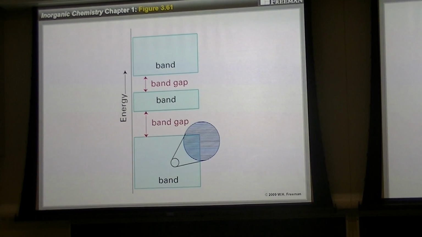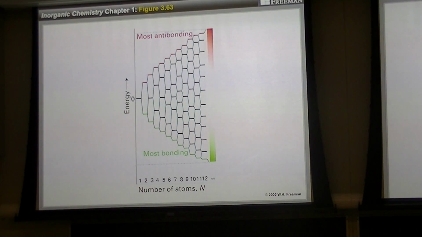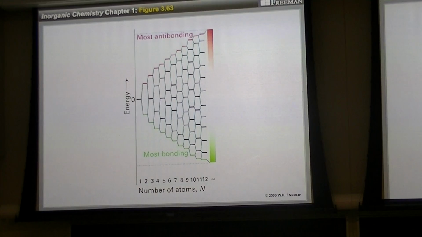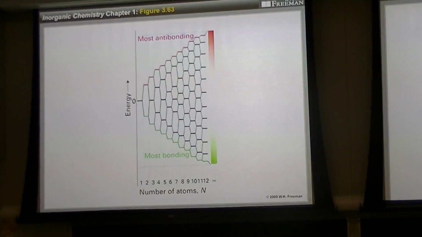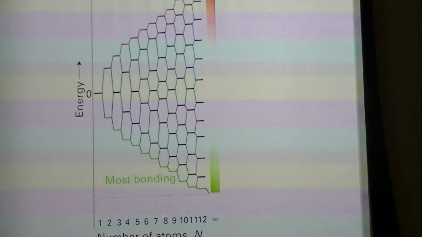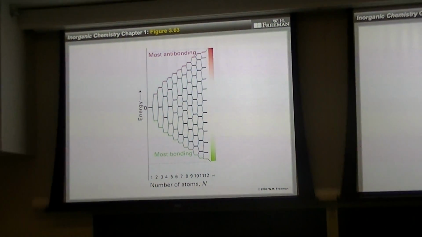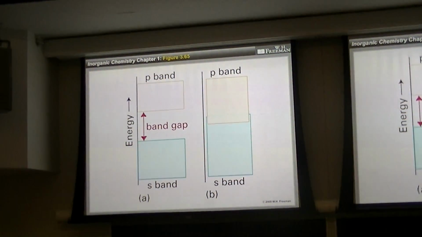Conductors. Let me see if I have a better slide here. This exemplifies what I was telling you. If you start putting more and more orbitals, then you end up forming a continuum of orbitals that is called a band. But this is what I want to show you.